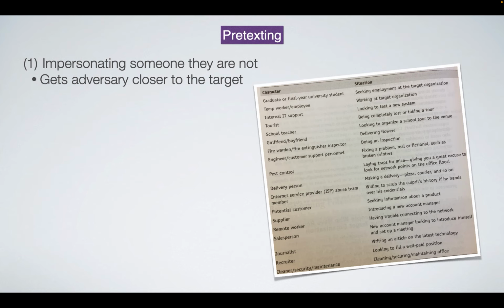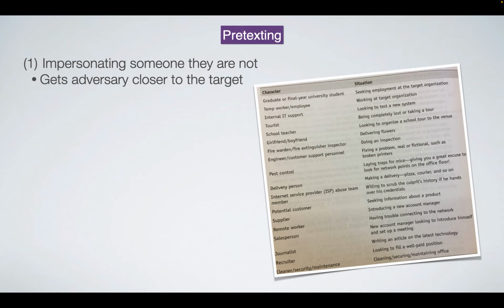So here's some examples from a textbook on different things that you could use. Student, a temp worker, employee, internal IT support, or it could be external as well, a tourist, school teacher, girlfriend, boyfriend, fire warden, or inspector, so some sort of inspector that needs to do something, could get access to rooms that normally you wouldn't have access to, customer support, pest control, delivery person.